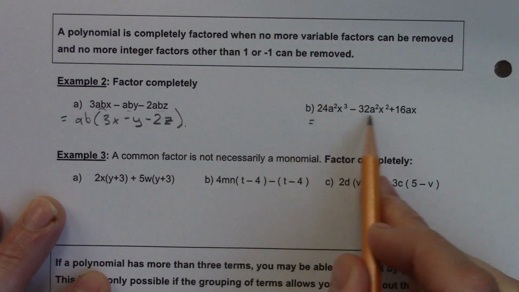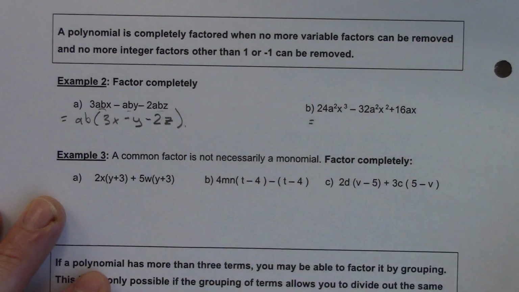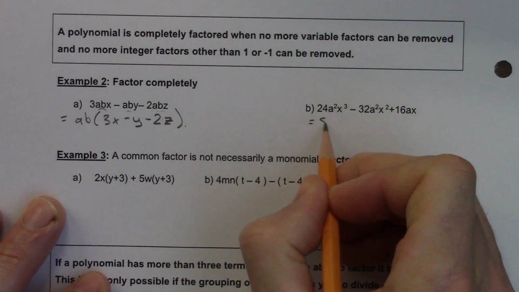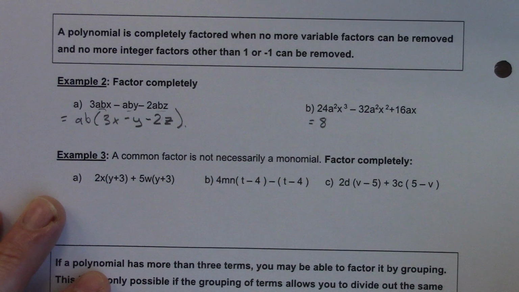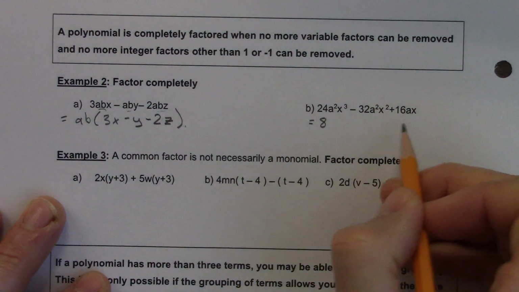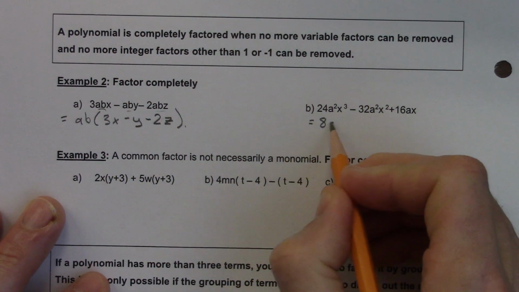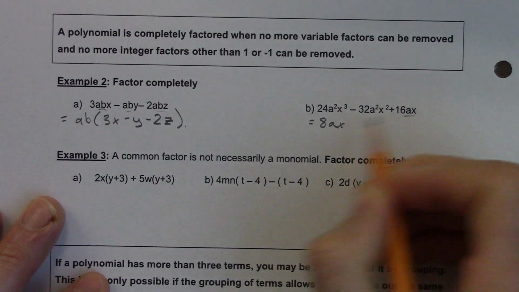Okay, Alan, try this one. What's the biggest number that's common? 8, good. Okay, and the biggest variables that are common? Yeah, a and x. Good, that's this one, yep.